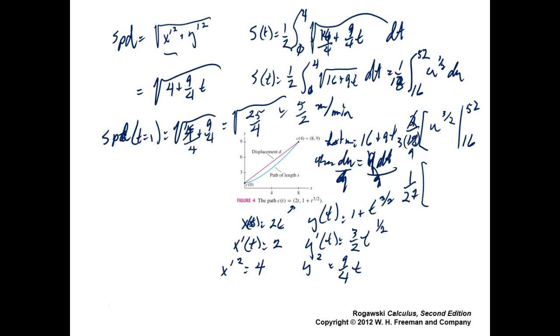So that would be an 8 here, and then it's the square root of 13 cubed, minus, I can do this one, the square root of 16 is 4, 4 cubed is 64.